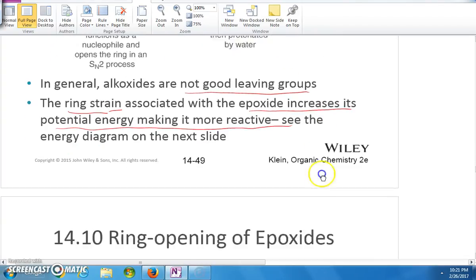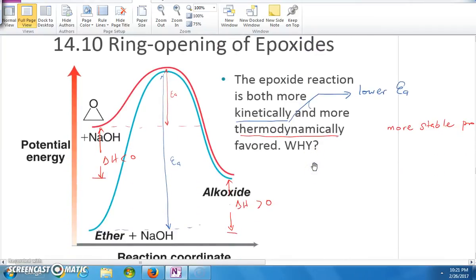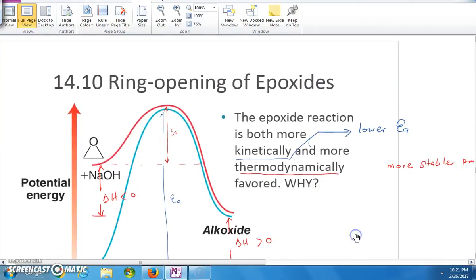Now, if you look at this energy diagram here, you can see that the ring opening of an epoxide to give the alkoxide is exothermic. Delta H is less than 0. Okay, that's for the epoxide.